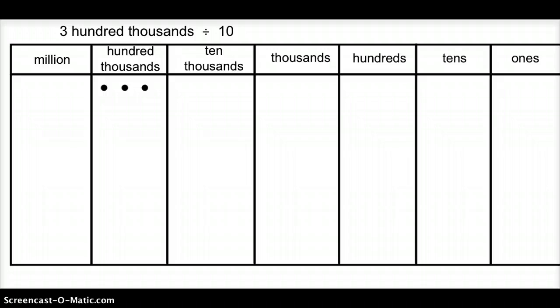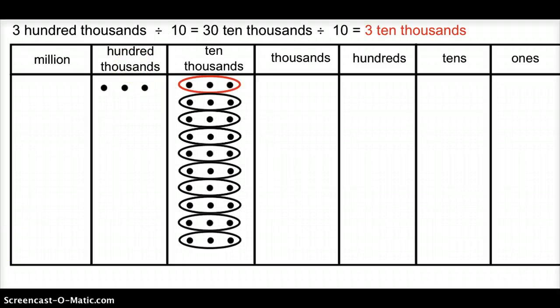I'm going to show you again breaking it apart with a slightly higher place value. Starting off here, I have 3 units in the 100,000s place. I would have to unbundle each of my 100,000 units, which gives me 1, 2, 3 sets of 10 10,000s, or 30 10,000s.